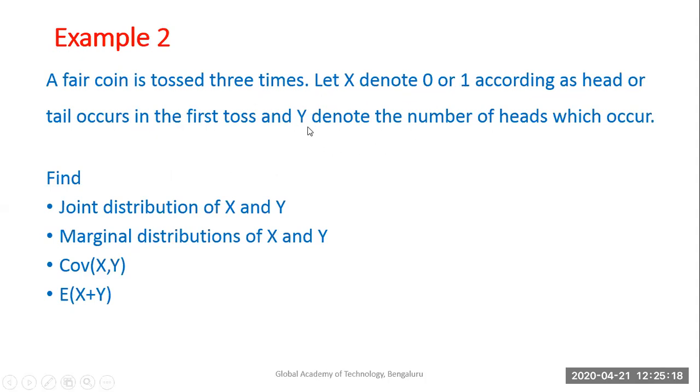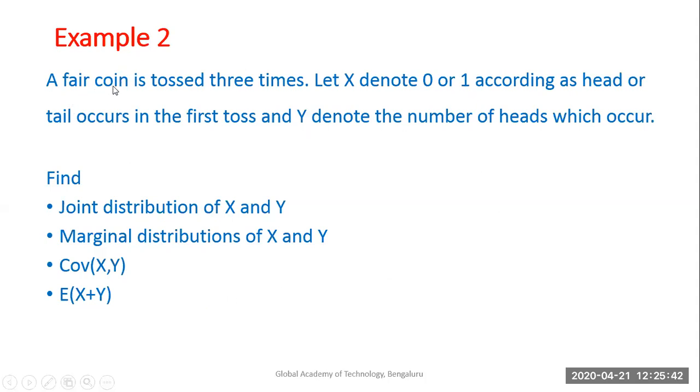And the random variable y denotes the number of heads that occur, so the total number of heads in the tosses. So we are supposed to find the joint distribution, the marginal distributions, the covariance, and expectation of x plus y.